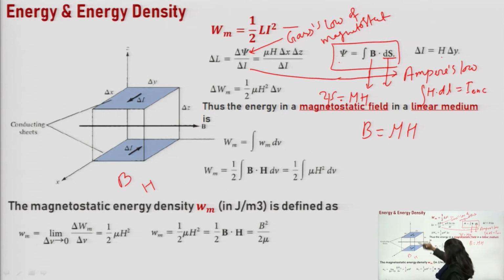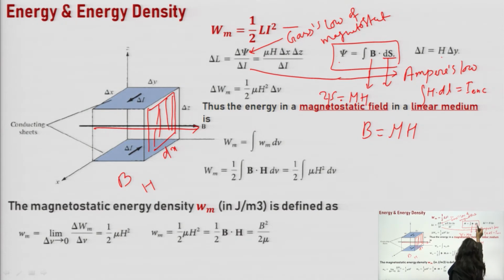Because the magnetic flux density is going in this direction, and is crossing this area, and the area will have dx and dz value. So in place of ds we have written dx dz. Here this value can be put here, mu H dx dz.